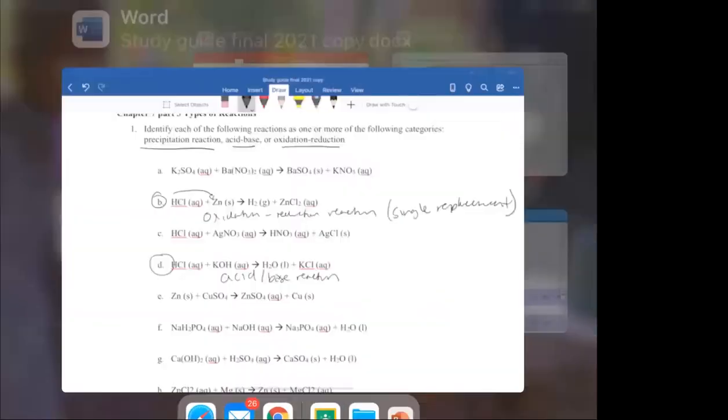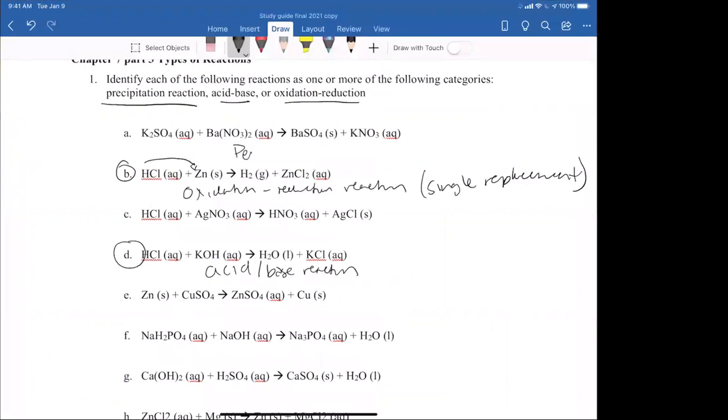For precipitation reactions, we have a double replacement that is not an acid-base reaction. So the metals switch partners, SO4 and NO3 switch partners, and that's when we have precipitation reactions.